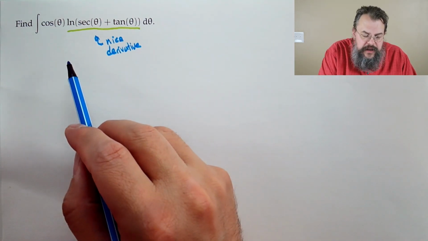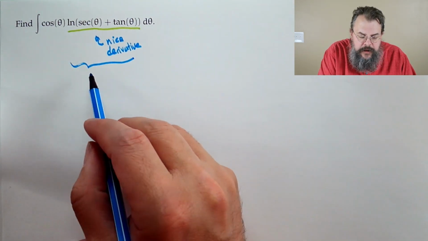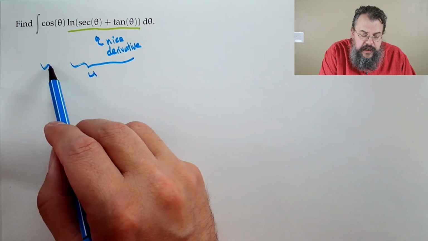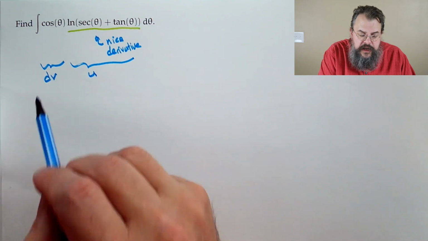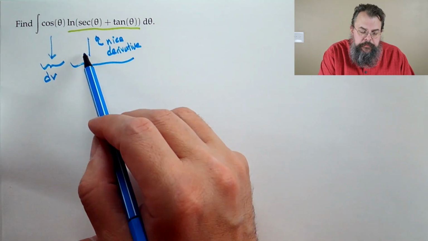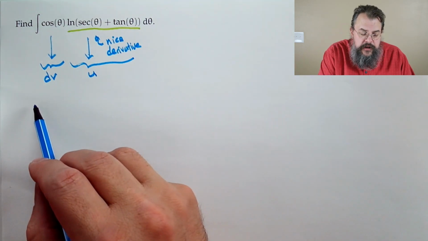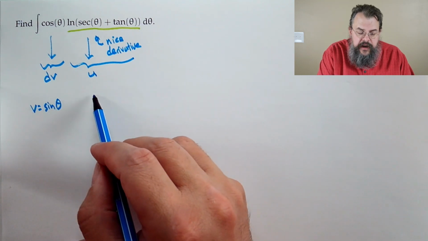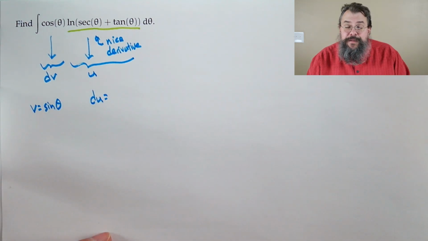So we say, okay, this part on the end will be u, because it's the part we differentiate. The cosine will be our dv. That's the part that we're going to integrate. So the integral of cosine is positive sine. Now, you've had a moment to think about it.